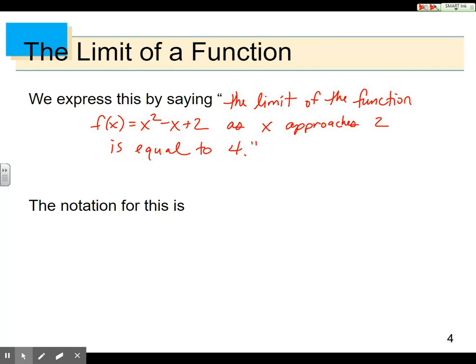It's a lot of words there. The limit of the function as x approaches 2 is equal to 4.